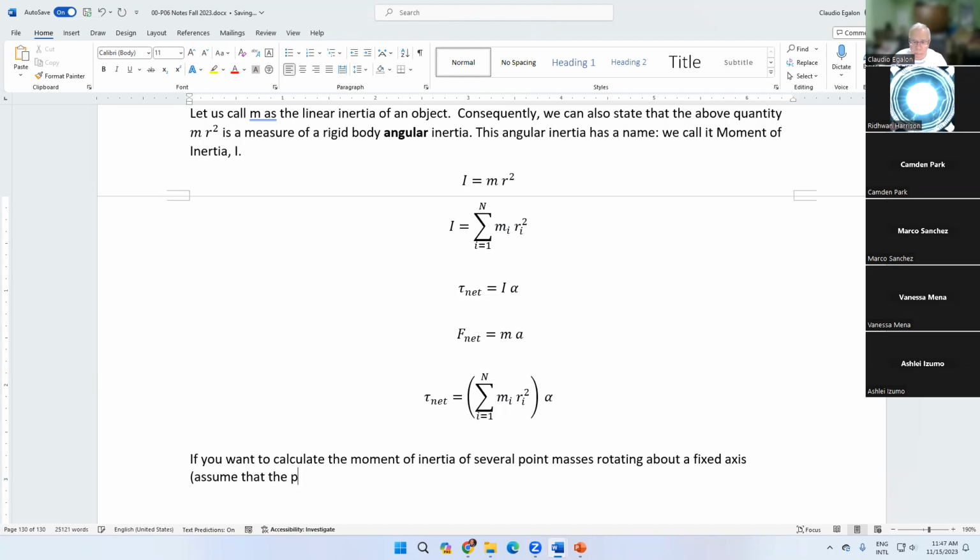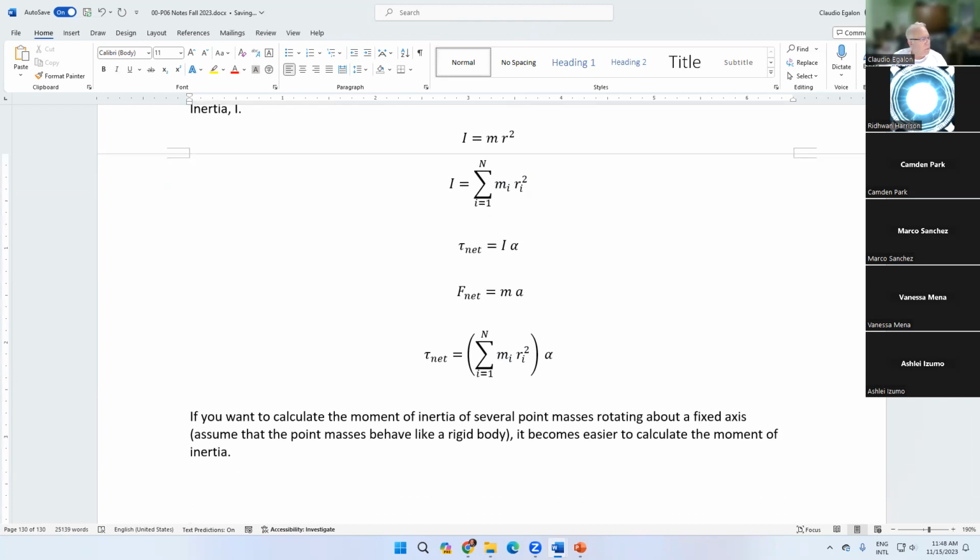Assume that the point masses behave like a rigid body, right? It becomes easier to calculate the moment of inertia.